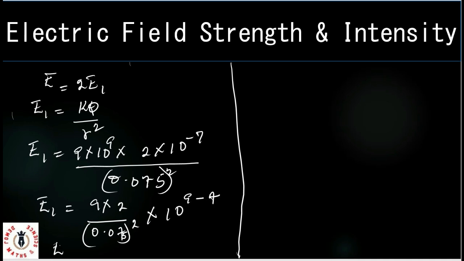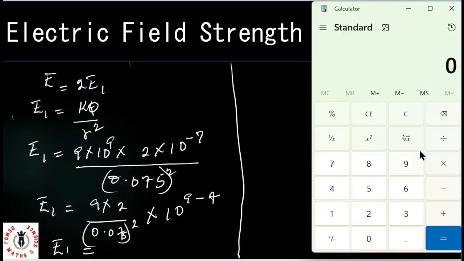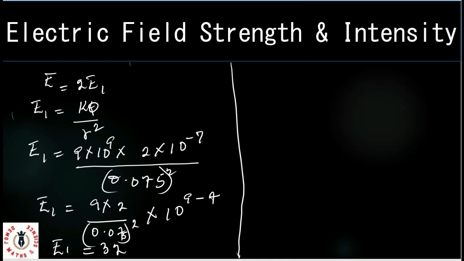So that E1 automatically is, let's use a calculator, 9 times 2, divided by 0.075, divided again by 0.075. That's 320 times 10 raised to power 2.